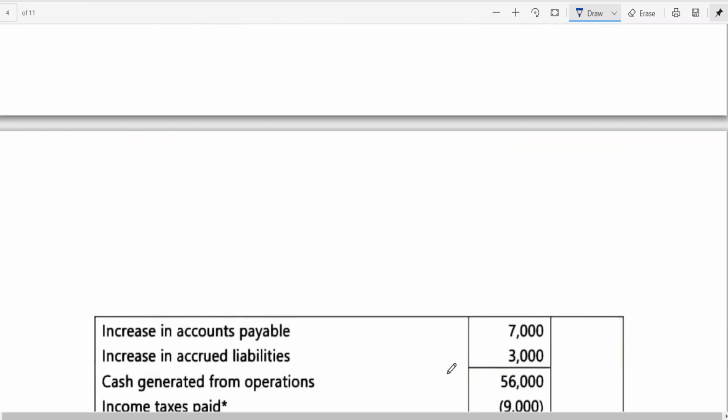Okay. Then increase in accounts payable. Because of that, what happened? When you are borrowing from the outside, the payment is being temporarily postponed. So is the case of accrued liabilities. Because of that, there is an inflow.